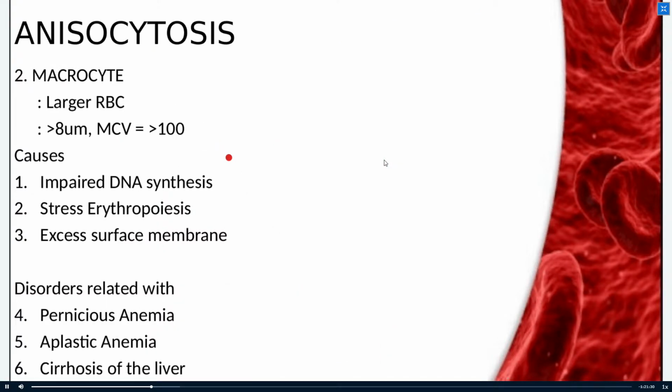Now, another type of anisocyte would be your macrocyte. Macro meaning big or large, and cyte meaning cell. So this refers to your larger red blood cell. Remember, the normal size of your RBC is 6 to 8 micrometers. If it is greater than 8 micrometers, it would be known as your macrocyte.